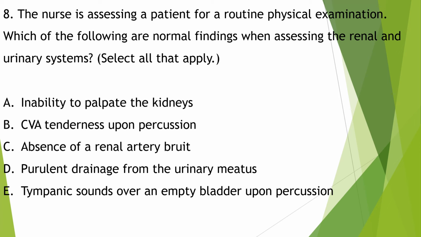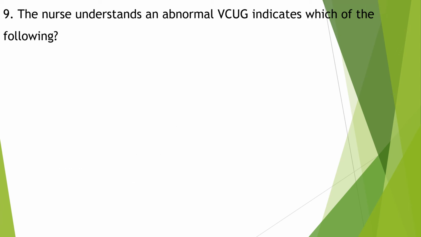Purulent drainage from the urinary meatus is abnormal and indicates the presence of an infection. Tympanic sounds would be elicited over a full bladder rather than an empty bladder. So here the normal findings are inability to palpate the kidneys, absence of a renal artery bruit.